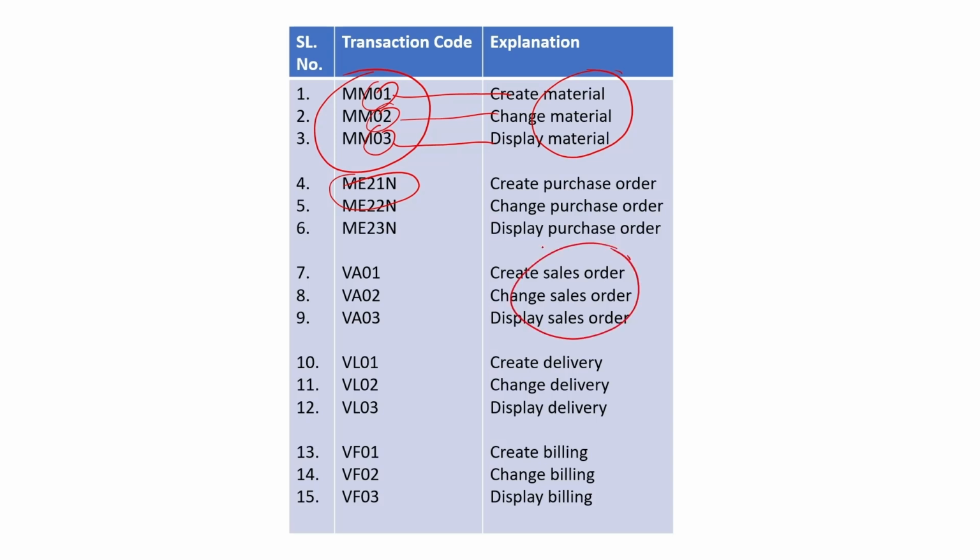For sales orders, we have VA01, 02, 03. For delivery, we have VL01, 02, 03, and for billing, we have VF01, 02, 03. Minal, you just remember that key: for creating 01, changing 02, and displaying 03.